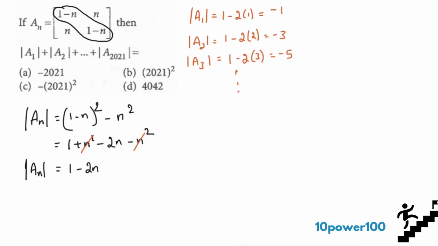Okay, so now if we go on like this, let us calculate determinant of A2021. So the n value is 2021.